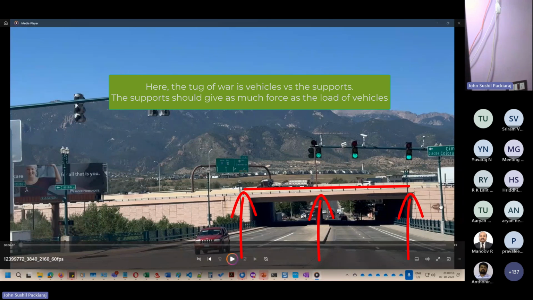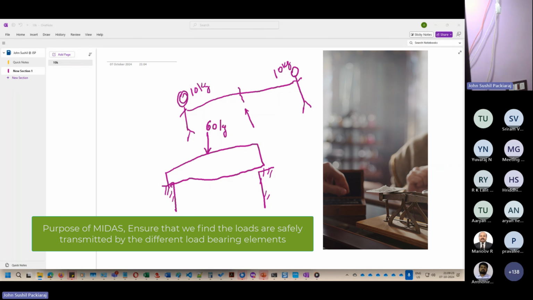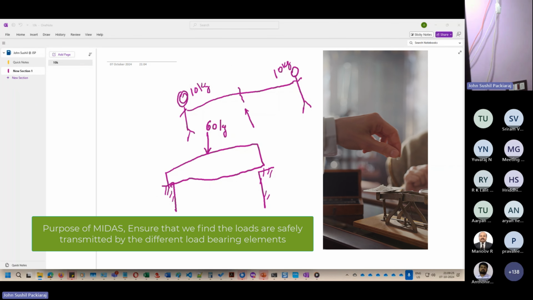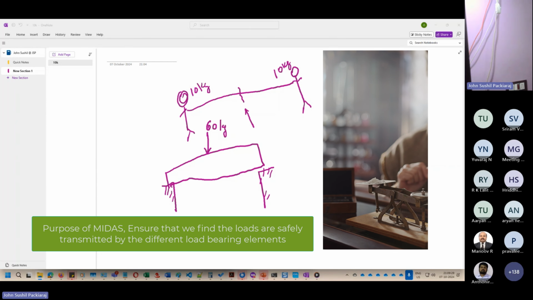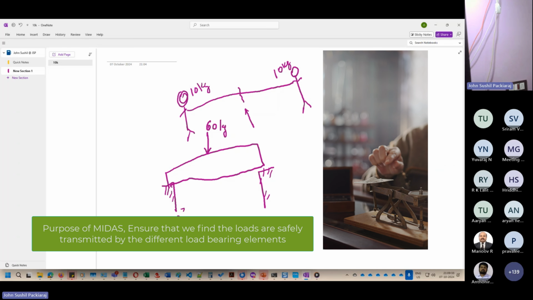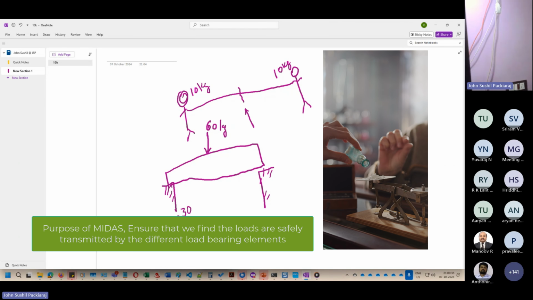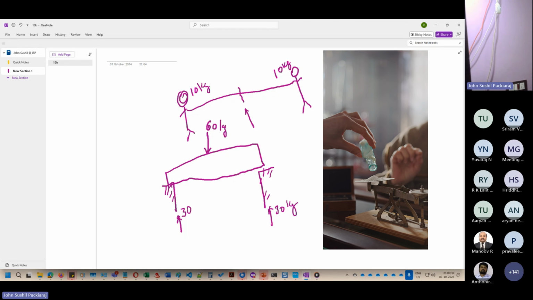So basically, what we are trying to do with software like MIDAS is ensure that the load which is coming on the bridging element reaches the ends safely. So essentially, suppose it is in the middle, automatically you'll say that here there's a 30 kilogram force, and over here there is another 30 kilogram force.